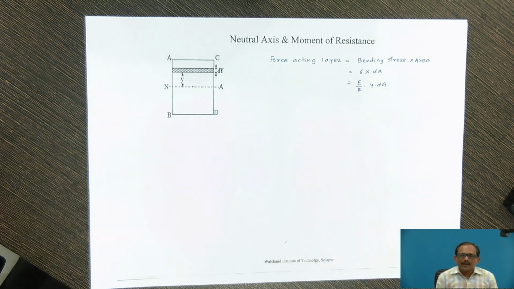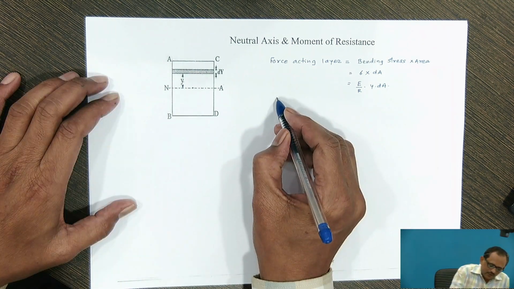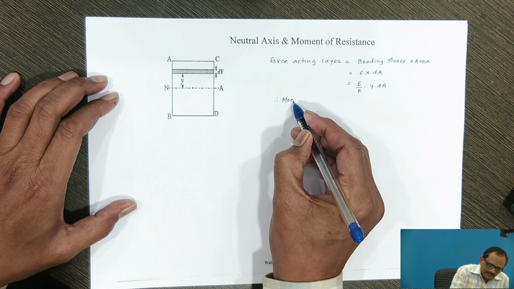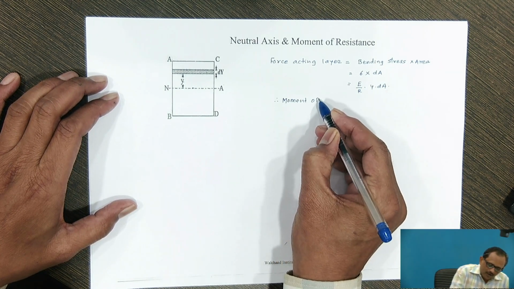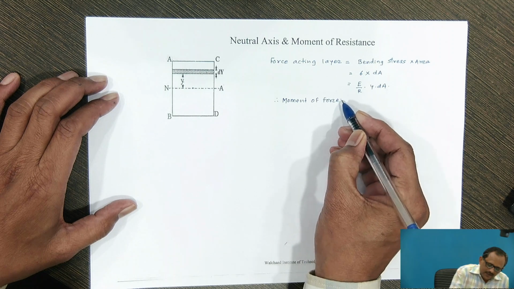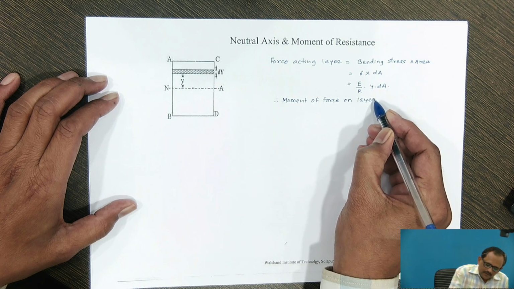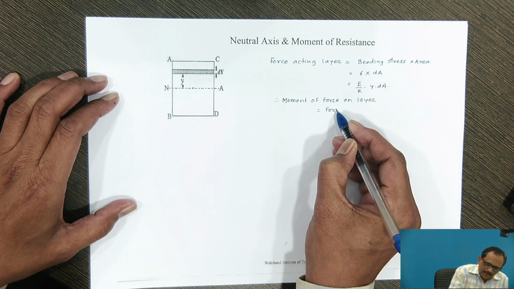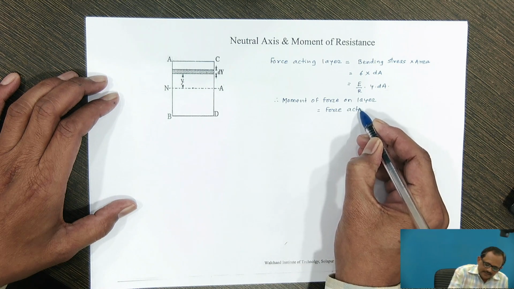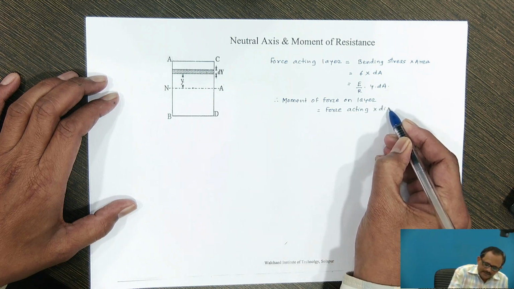So moment of resistance is nothing but the moment of forces acting on the layers of the beam. Therefore, the moment of force acting on the layer is equal to the force acting on the layer multiplied by its distance from the neutral axis.